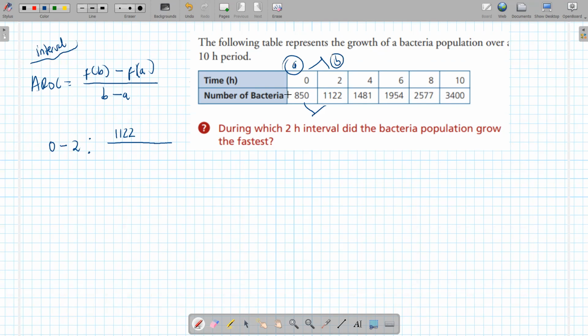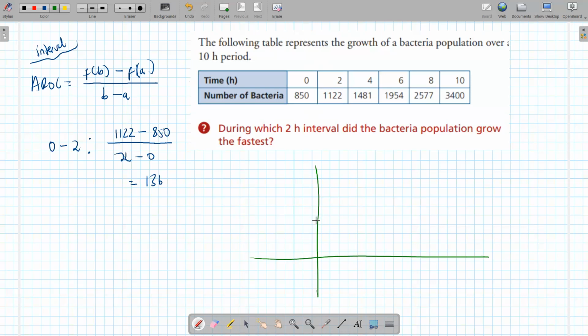Now a is your 0. And minus f of a would be 850, all over 2 minus 0. So let's plug this in. 1122 minus 850 divided by 2. The answer is 136. So that's your rate of change between the hours of 0 to 2. What's the unit of rate of change?